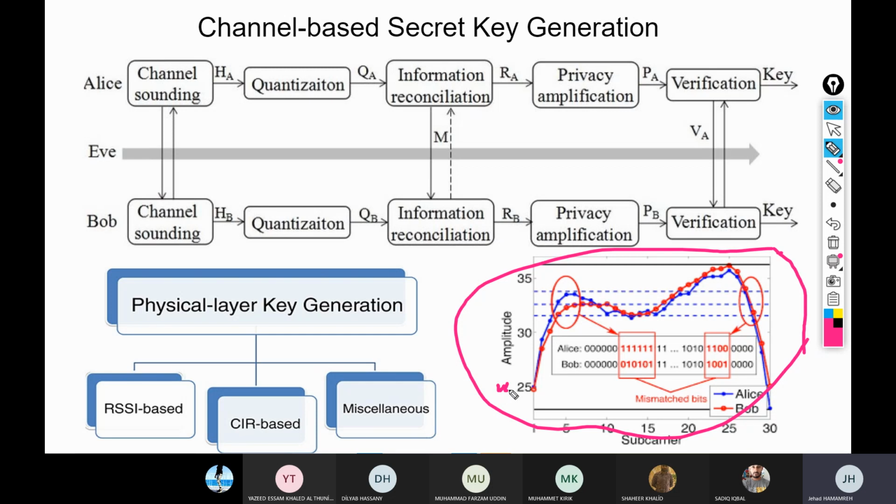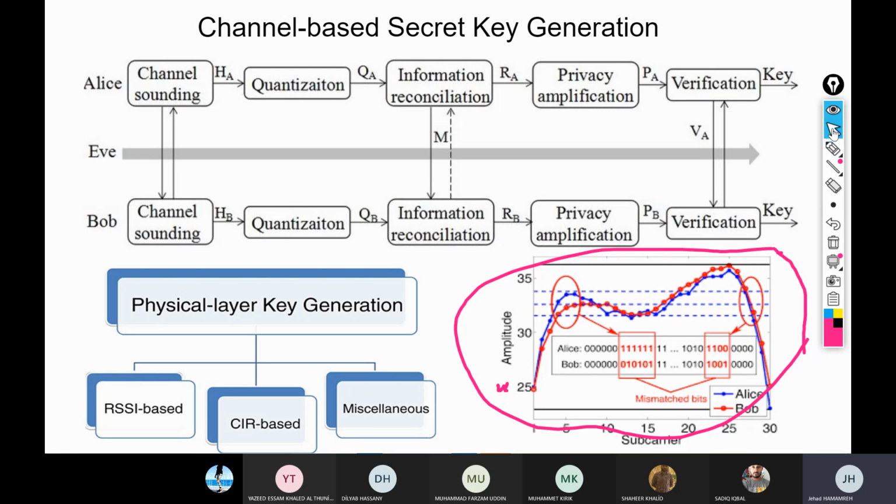At the end of the day, you will end up having a sequence of random bits. This sequence, you can use it as a secret key that can be utilized for encrypting your data. So this is basically what we mean by quantization.